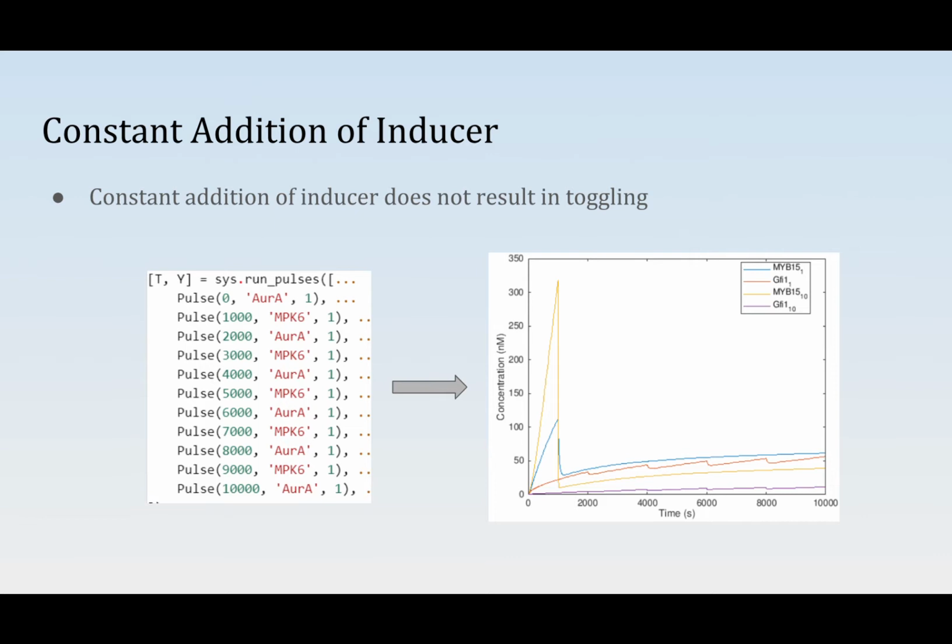No matter how much inducer is added, a constant amount is not enough to simulate toggle switch behavior, even if it's 1 nanomolar or 10 nanomolar. So I think the reasoning of this is that a constant amount of competing inducer isn't enough to overcome the large initial peak of repressor seen in the very beginning.